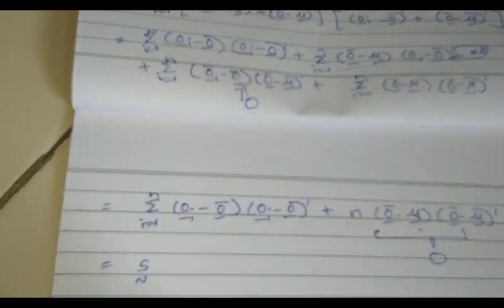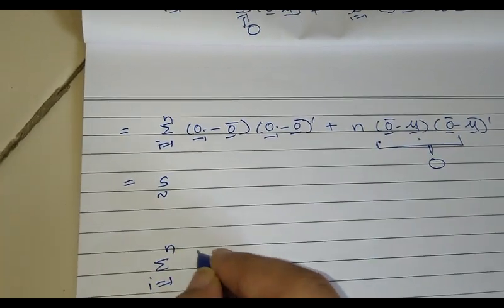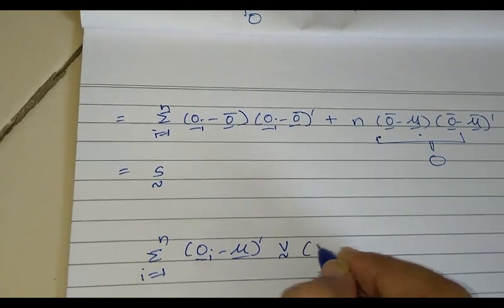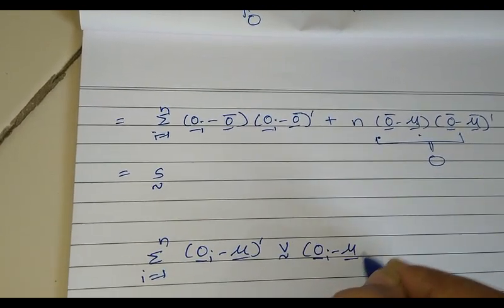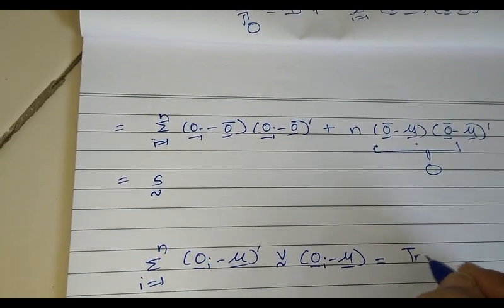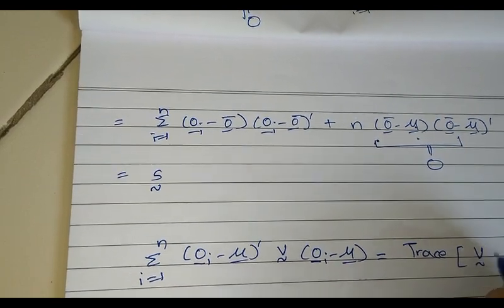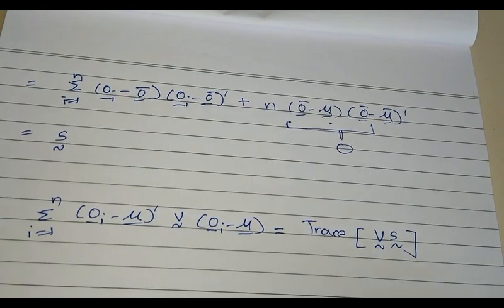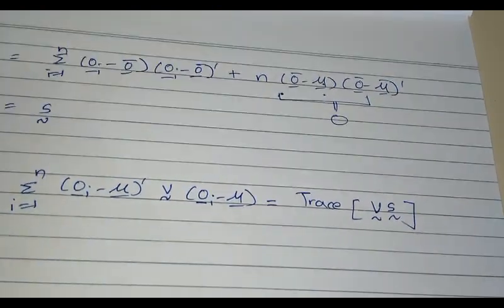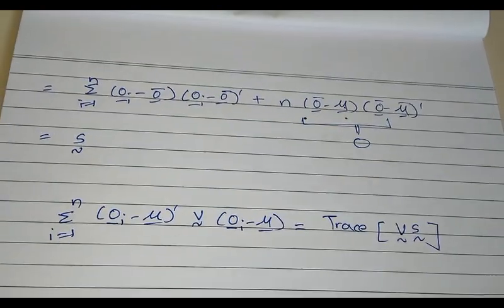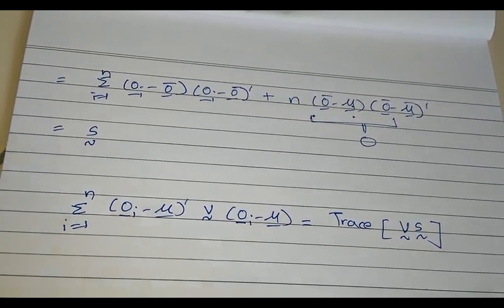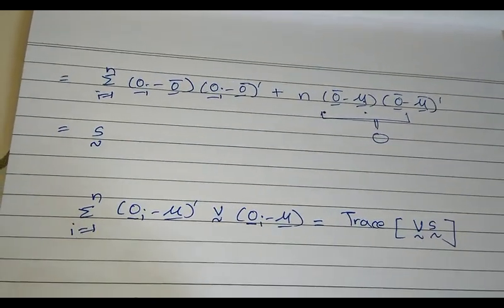So I would write the summation over i going from 1 to n of (y minus μ)' V (y minus μ) as trace of VS. Now that it is written as trace of VS, can I differentiate it with respect to vij?